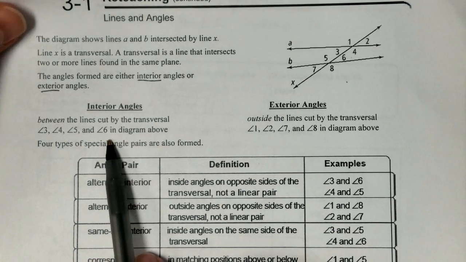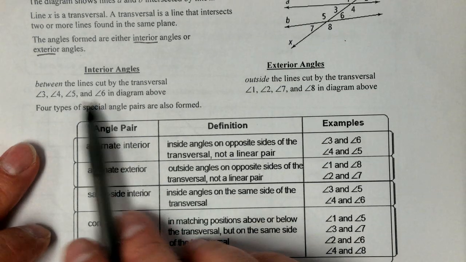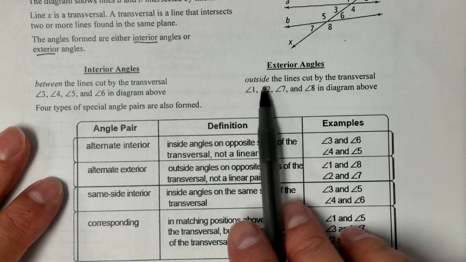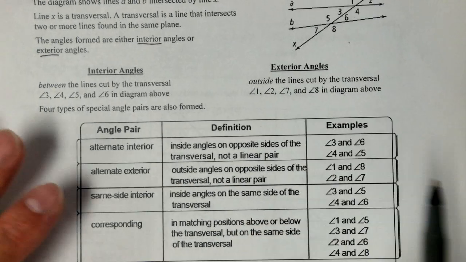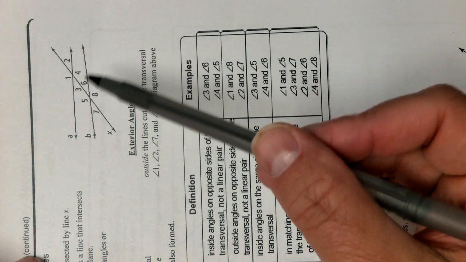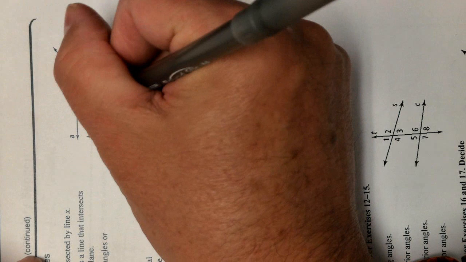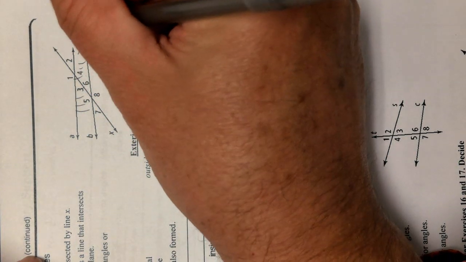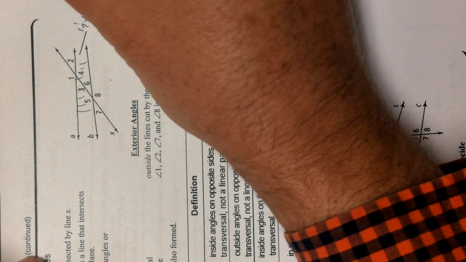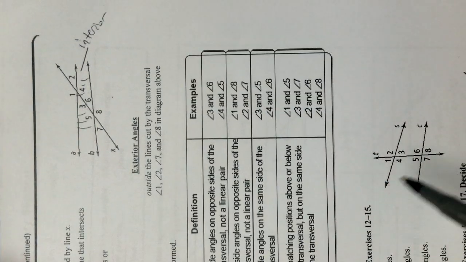Interior are between, so that's those. Exterior, outside, so that's those. Even if the figure is tilted like we did before, these are between, so these are interior, and the other ones are exterior.